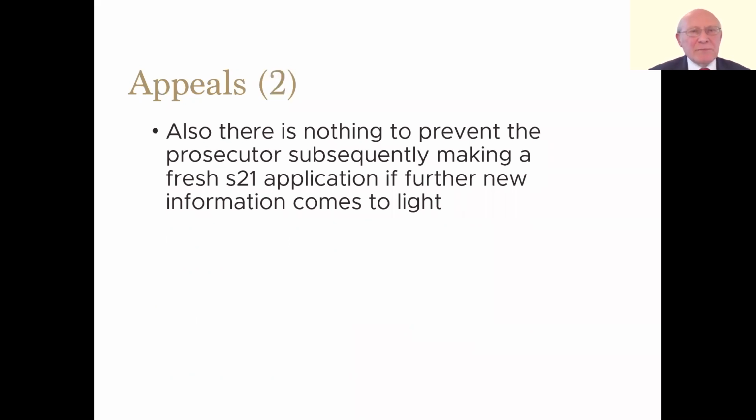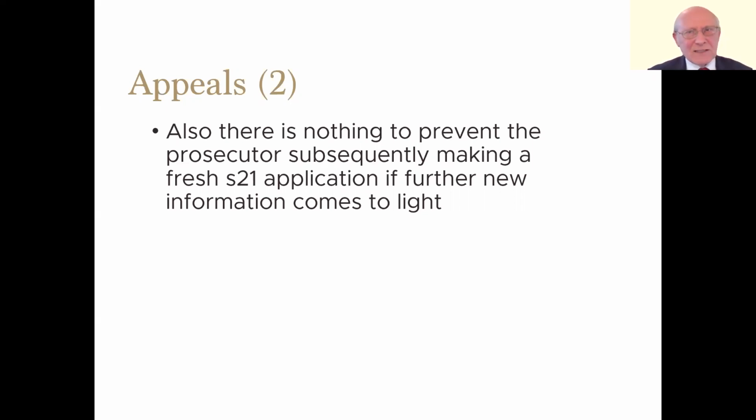Also, of course, there's nothing to prevent the prosecutor making a fresh Section 21 application if further new information comes to light subsequently. So long as we're within that time of 6 years from the date of conviction, there could actually be successive Section 21 applications by the prosecutor as more and more information comes to light that he didn't have originally.